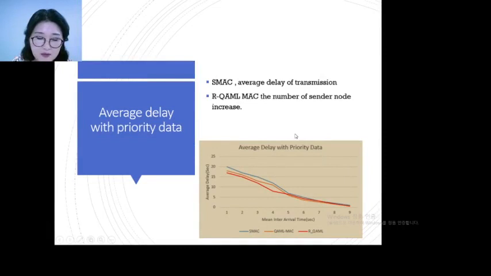The SMAC protocol basically does not support priority, so it indicates the average delay of all transmitted data. Compared with SMAC and RMAC, the average delay is a little bit shorter.